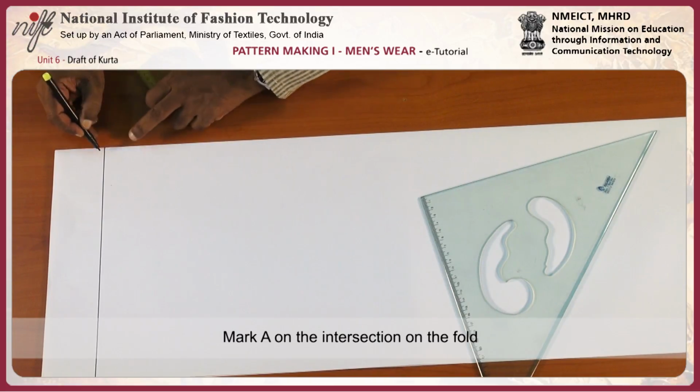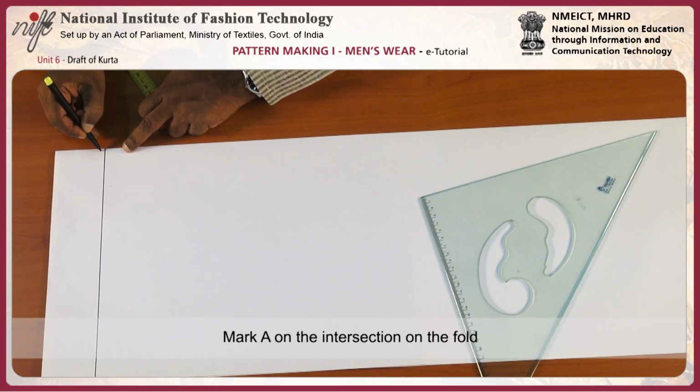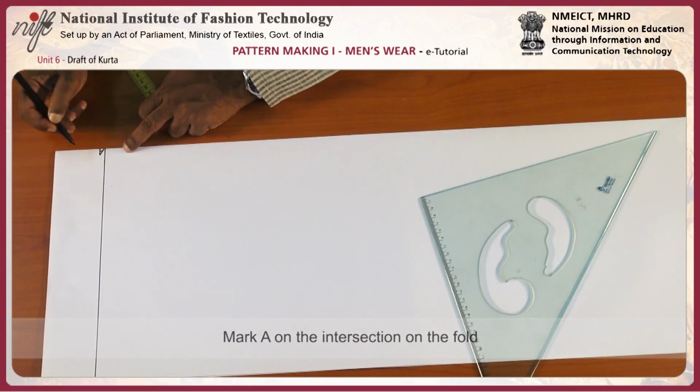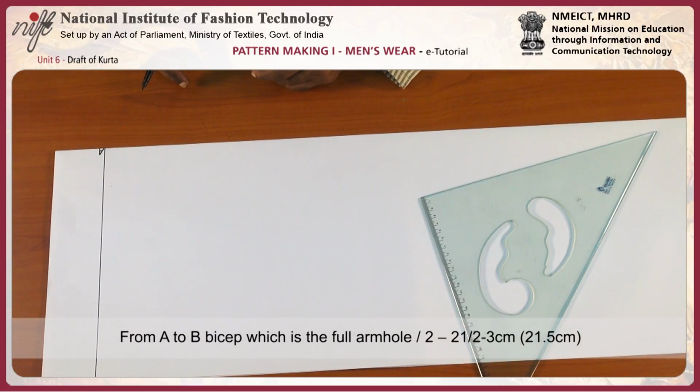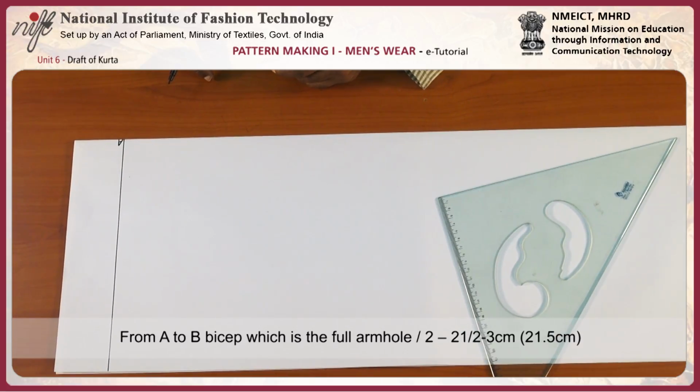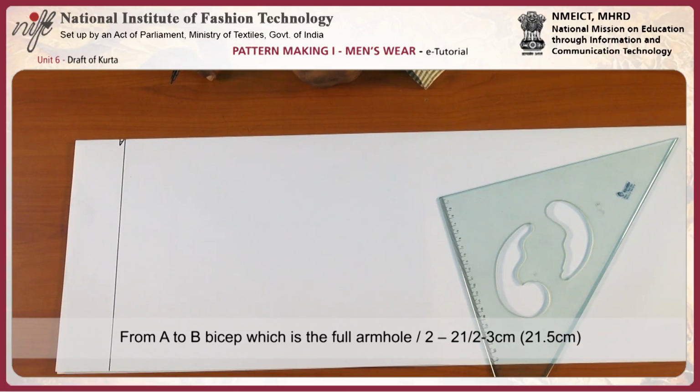From point A, the intersection on fold can be labeled as A. From point A to B, bicep, which is full armhole divided by 2 minus 2.5 to 3 centimeter as I have mentioned in the shirt draft.